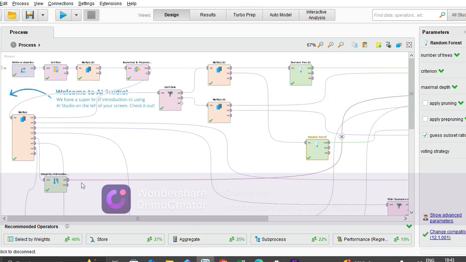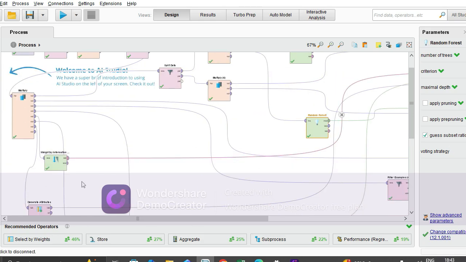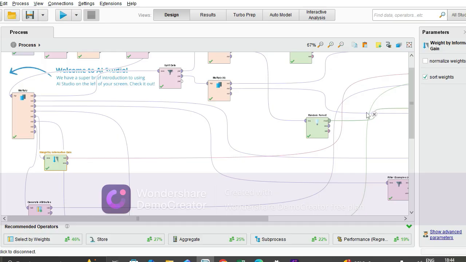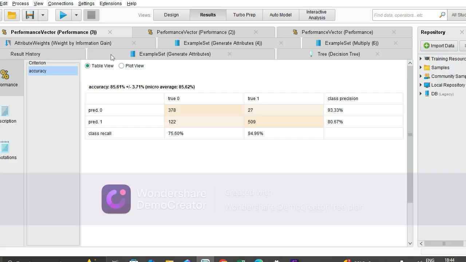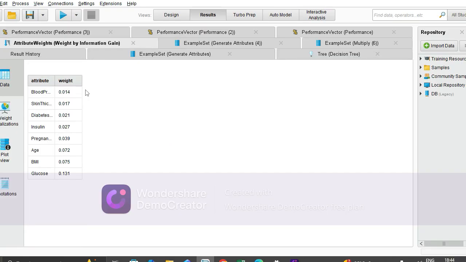Then I find which attributes contribute the maximum to a patient having diabetes. I use the weight by information gain operator, and with its results I find which factors contribute more. I get the weight for each factor that contributes to whether a person is diabetic or not.